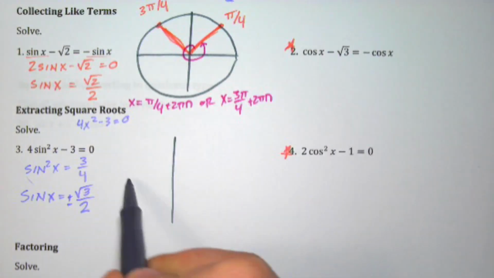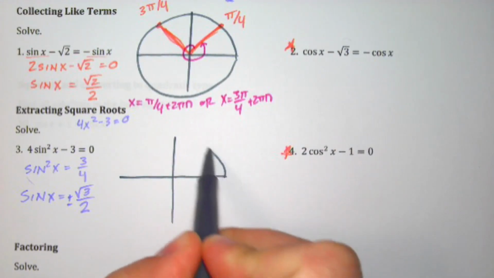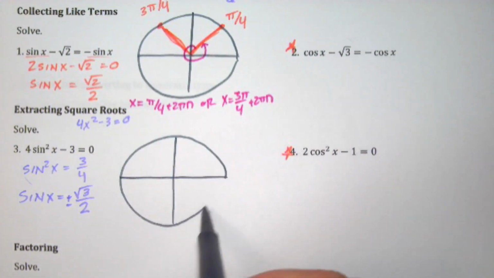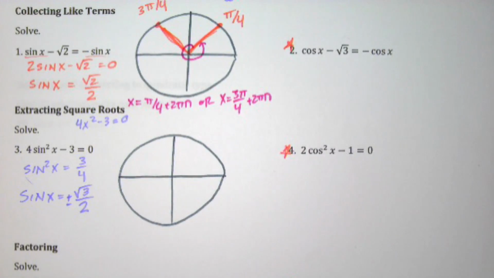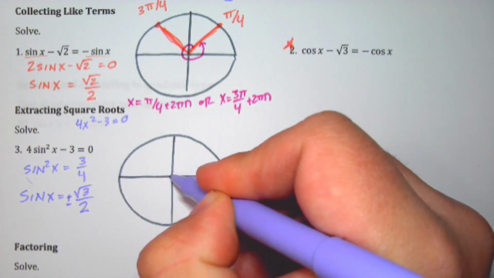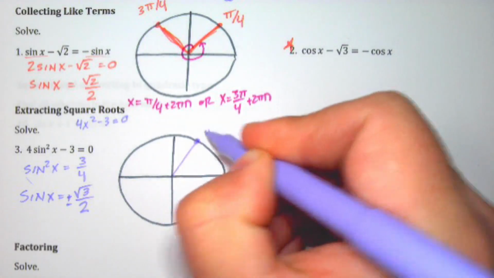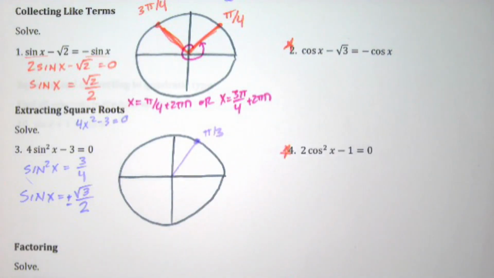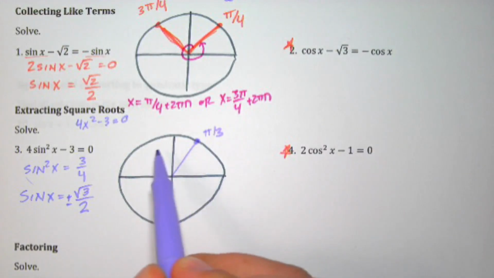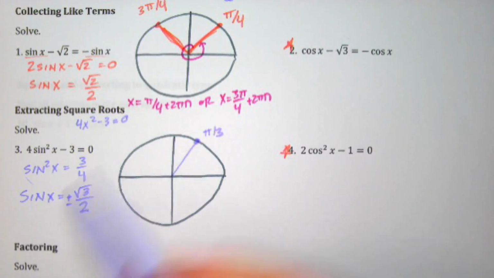So again, you guys will have your unit circle. You'll pull your unit circle out and you'll go, okay, so where am I having a sine as either a positive or a negative root 3 over 2? And a really easy way to do this is if you find it in quadrant 1, which happens at pi over 3, you can just reflect it into quadrant 2 for sine to stay positive.